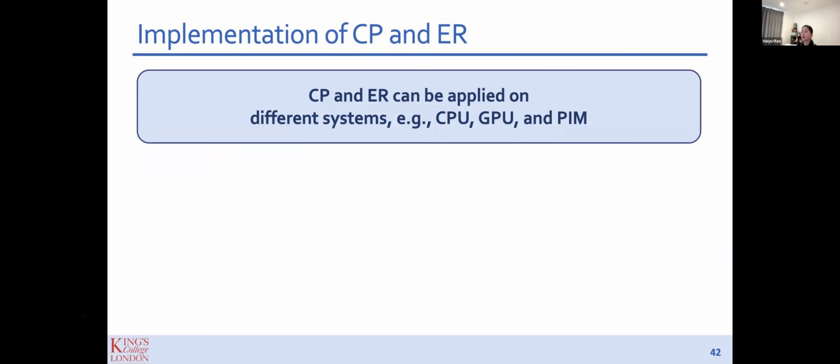And next is the implementation of CP and ER. So actually, the trunk-based pipeline and early rejection can be applied on different systems, not only processing-in-memory systems. It can be applied on the CPU, GPU, and PIM.